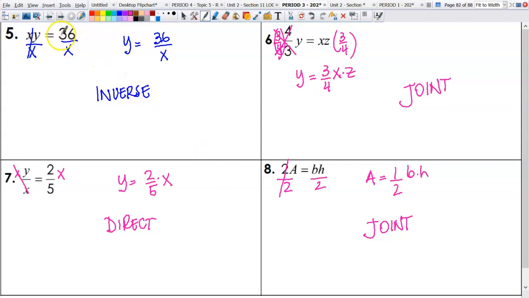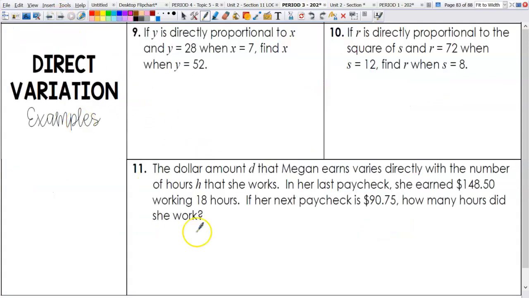So let's work on the next problems. Direct variation, right? Like I mentioned before, if y is directly proportional, directly is the word that you are looking for. So this means that y equals k times x. In most problems, they are going to ask you to find the constant of variation first, and then they are going to ask you for the x or the y, right?